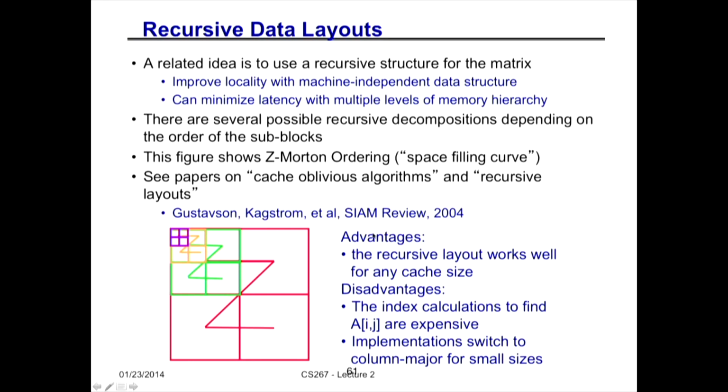But that's not a very good data layout for the particular algorithms I want to use, because what does the recursive algorithm do, or what does the blocked algorithm do? It wants to grab a B by B block of the matrix, pull that into cache, and then work on that B by B submatrix. So I don't want to grab a whole row or a whole column. I want to grab a block.